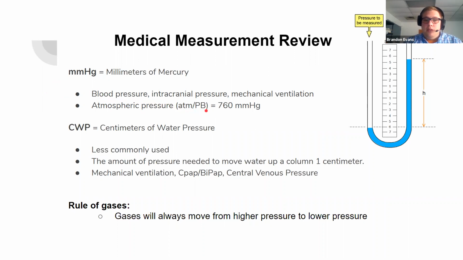Another measurement that we like to use specifically in the respiratory world is centimeters of water pressure, or CWP. It's something that you really don't see outside of the respiratory world as often. And what we're talking about is literally, if you look at this picture over here on the right side of the screen, if we were to connect a high pressure machine, a CPAP, BiPAP, or mechanical ventilator here, this U barometer has water here on the bottom section, and it's literally the amount of pressure that it takes to move this water up 1 centimeter from this 6 line to 5.